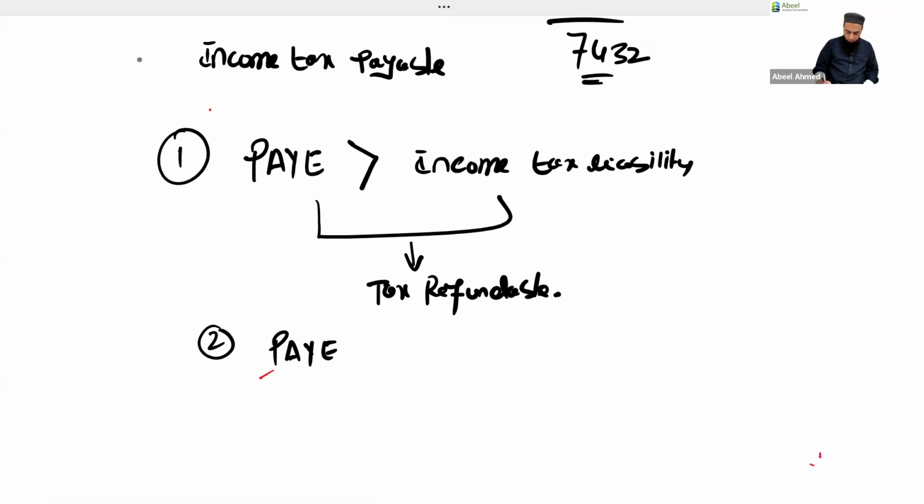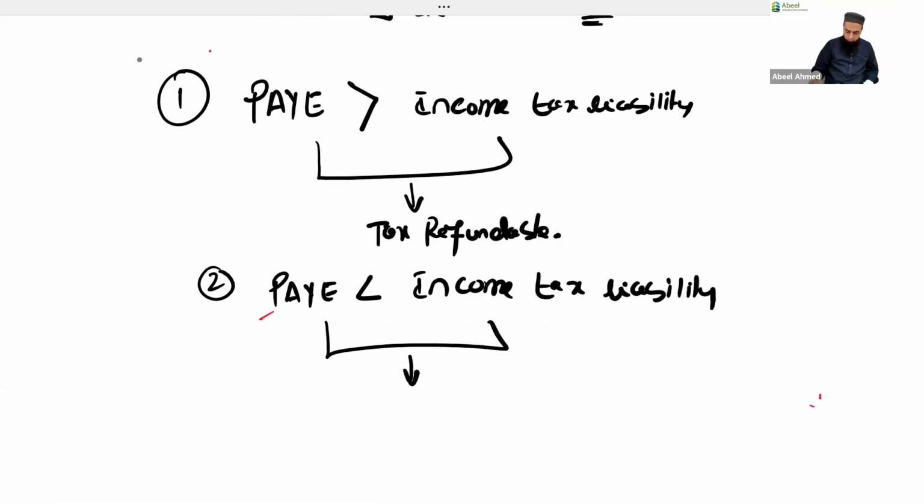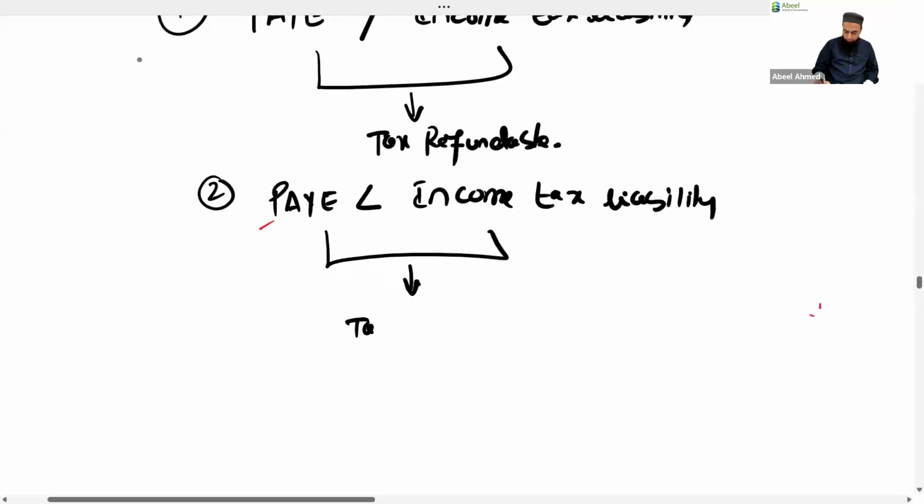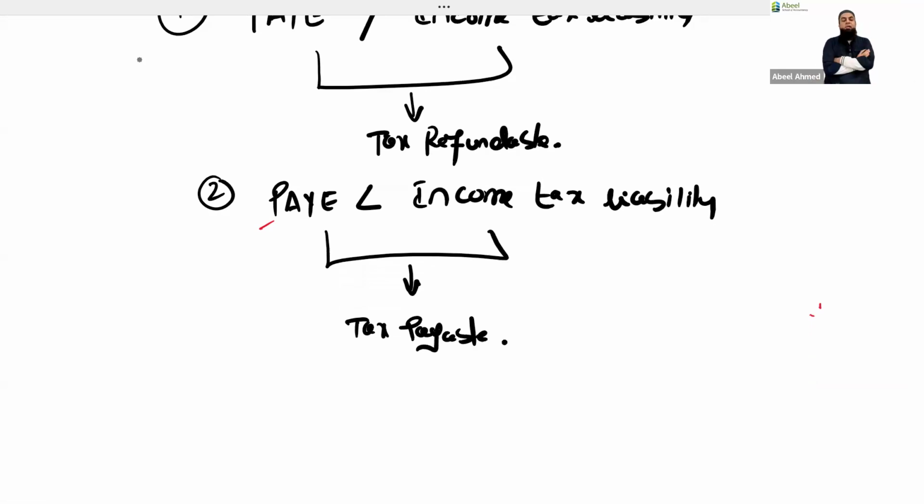PAYE is less than income tax liability. If your income tax liability is more than PAYE, then the difference is tax payable. So simply if PAYE is less than income tax liability, then the difference is going to be tax payable. If PAYE is more than the income tax liability, then the difference will be tax refundable. And normally when we are working as an employee, then we pay tax under PAYE, that is pay as you earn.